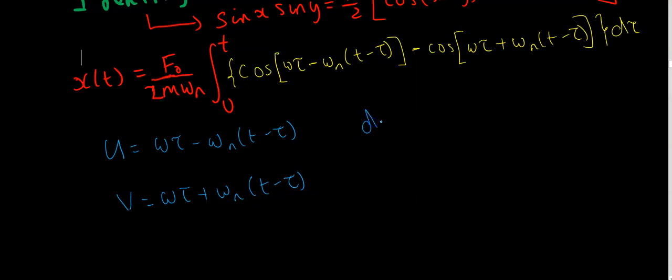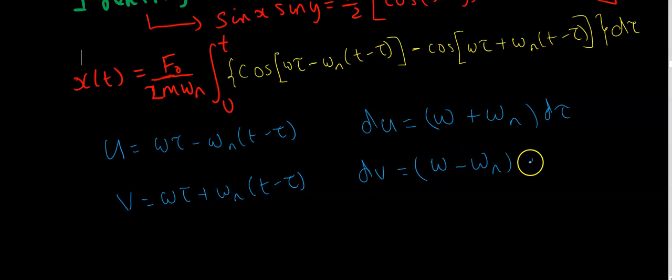So a small incremental change du is going to be equal to omega plus omega_n d tau, just the differential with respect to tau. And dv is going to be omega minus omega_n d tau.